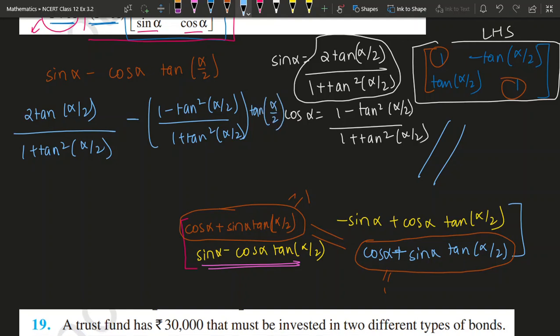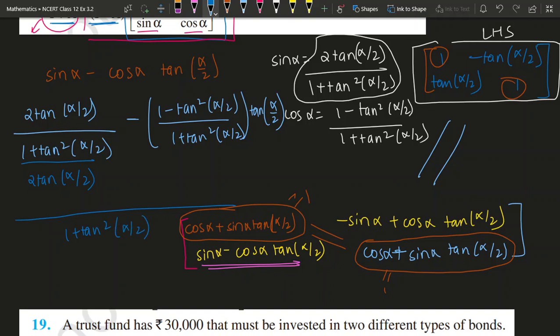And if you multiply these, you have 2 tan alpha over 2, and observe that 1 plus tan squared alpha over 2 is just common, so 1 plus tan squared alpha over 2 just remains right there.